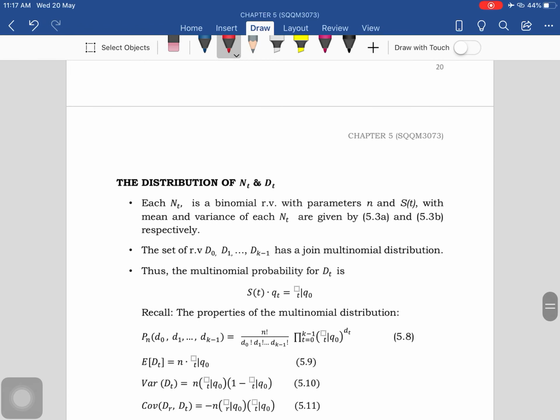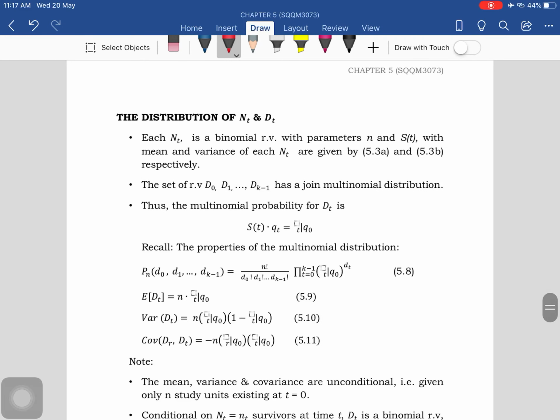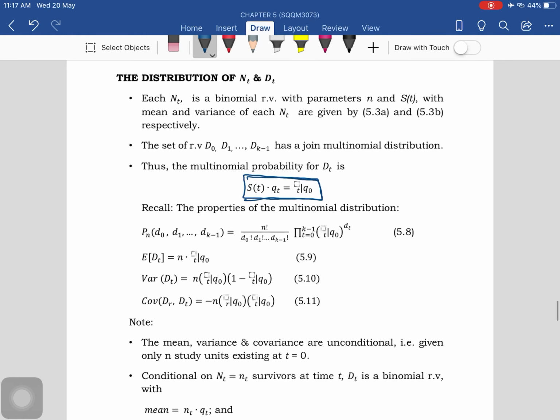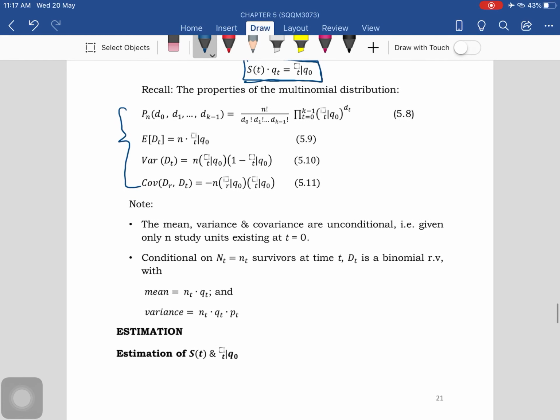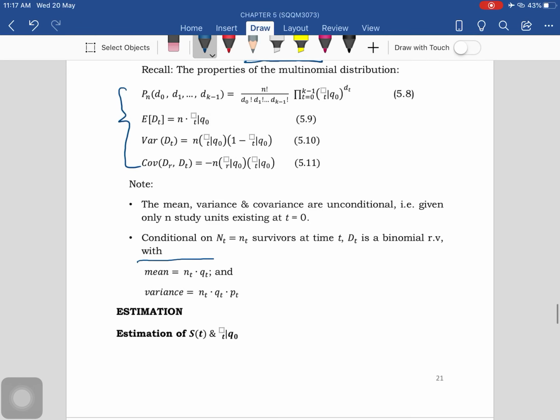Okay, the distribution of NT and DT. For this part, it is just to show you the derivation of how we get this one, so you can just ignore this. What you need to know is only this.